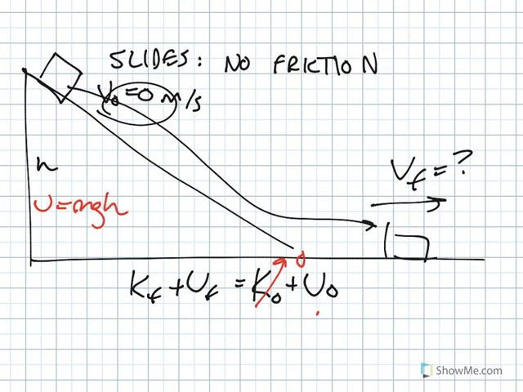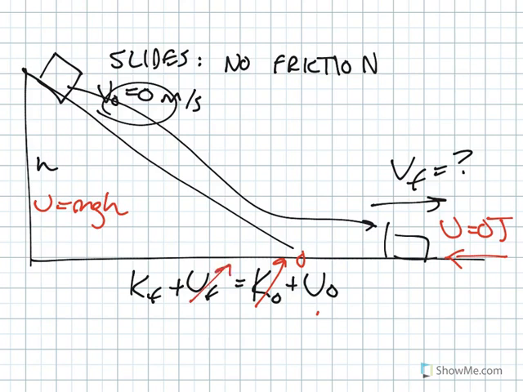For this problem, we'll say that U is equal to 0 joules at the bottom of the incline. Potential energy can be referenced any way you like to make the problem easier to solve. It's only differences that matter in h; there's no absolute h. So if the bottom of the ramp is where h is 0, then U final is 0.